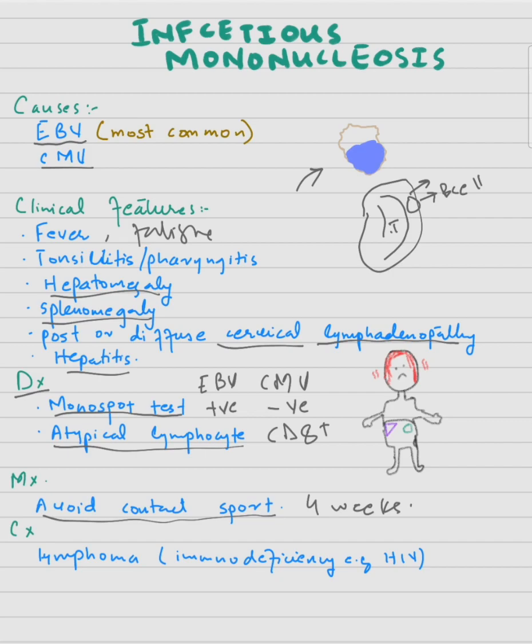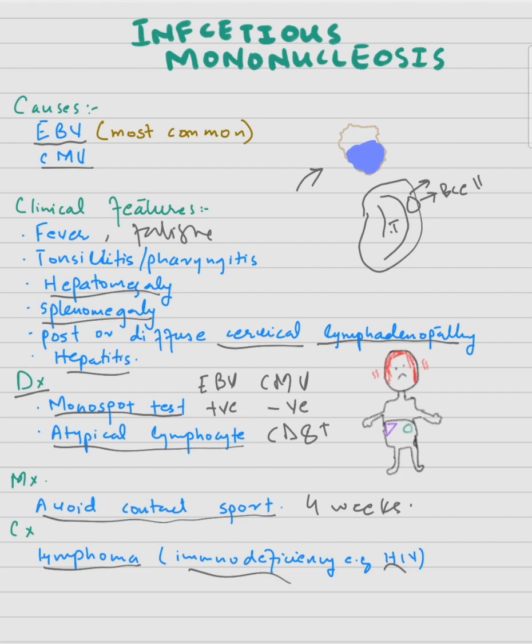Another thing, one complication of infectious mononucleosis or EBV is lymphoma. It does not occur in every case, obviously, but it can occur in someone with immune deficiency, for example HIV. The reason is that EBV resides in the B cells, and it can reactivate on immunosuppression.